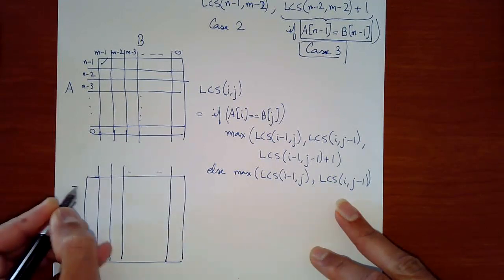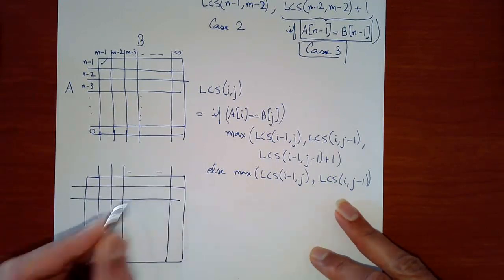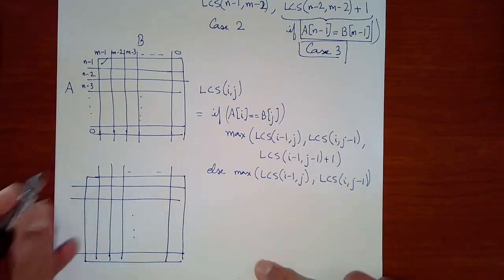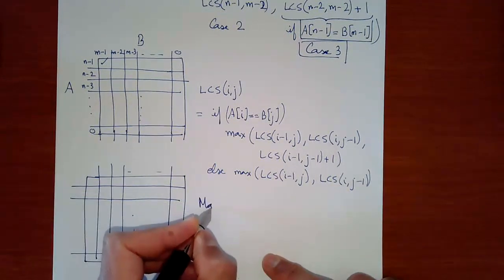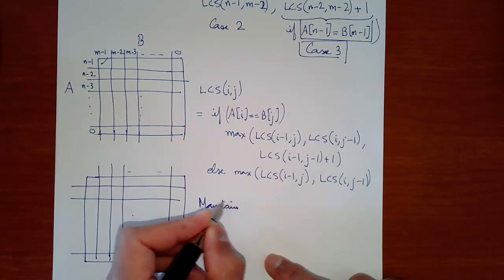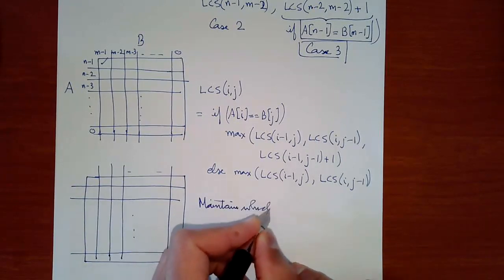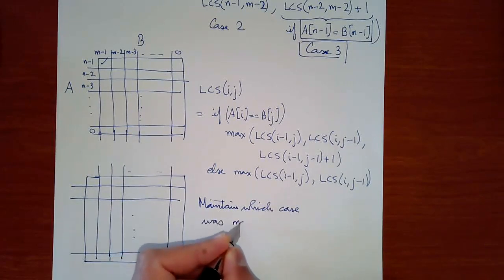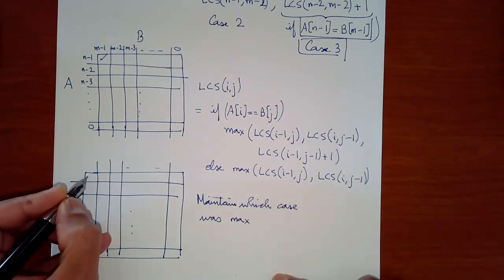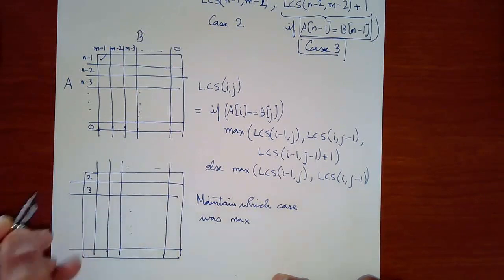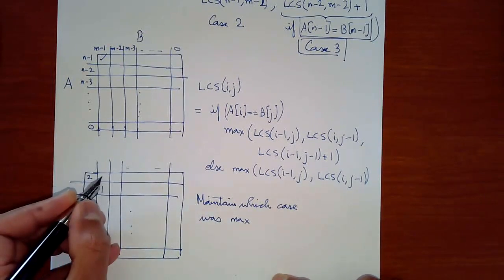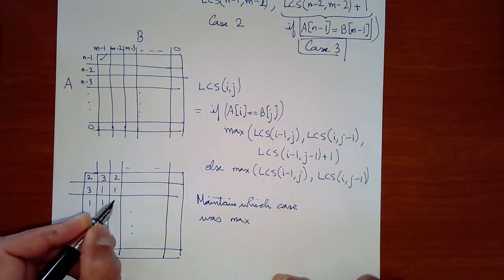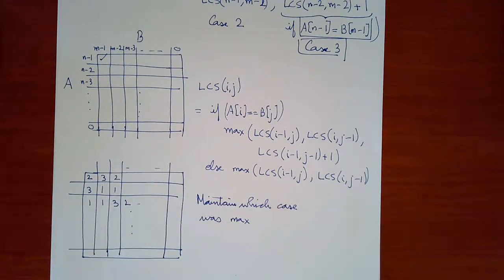Let's say you kept another table where you just maintain which case was the maximum. So it would say maybe this is case 2, this is case 3, and this is case 1, and 3, and 2, 1, 1, 1, 3, 2, and so on and so forth.